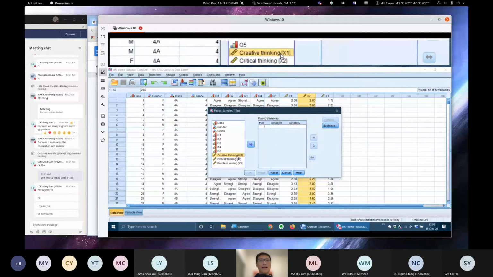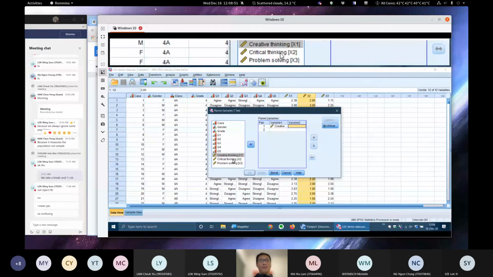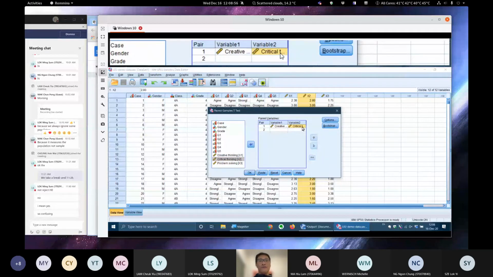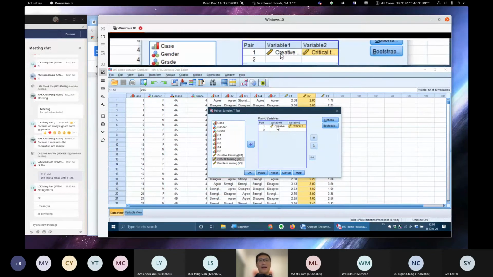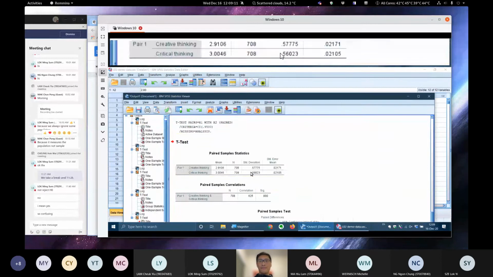So I put the X1 on the right-hand side, and then I put the X2 again on the right-hand side, so that both of them are on the same row. Of course, you can compare other variables, but that's not our concern here. So let's just do X1 and X2. And then we click OK.